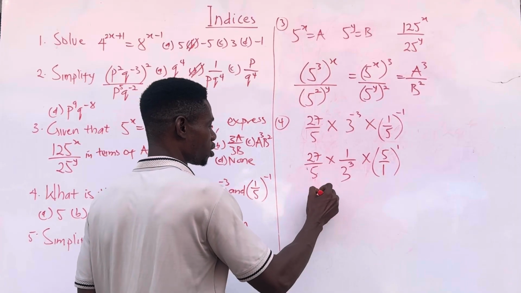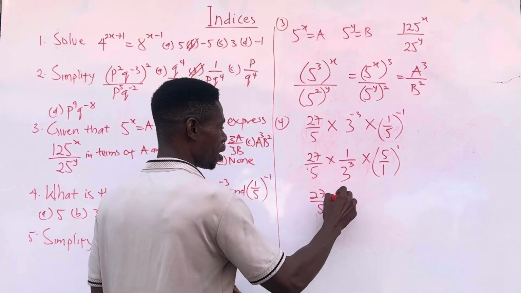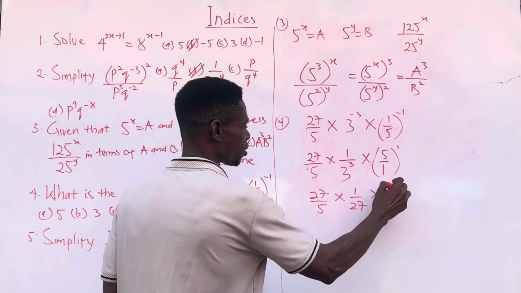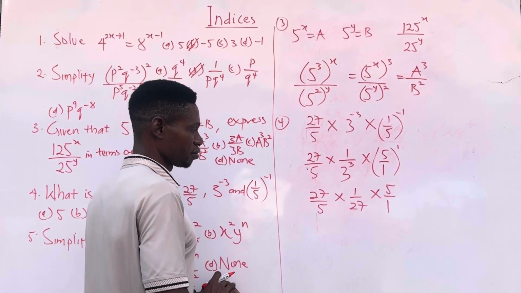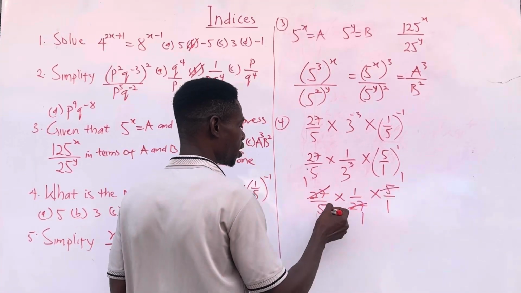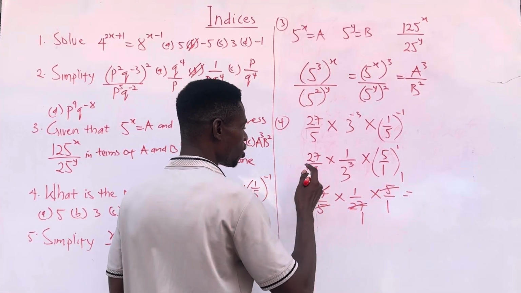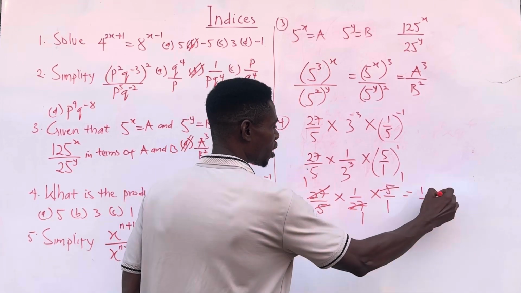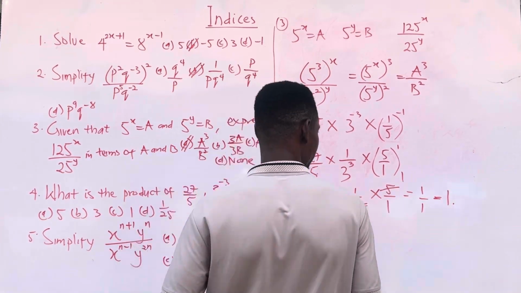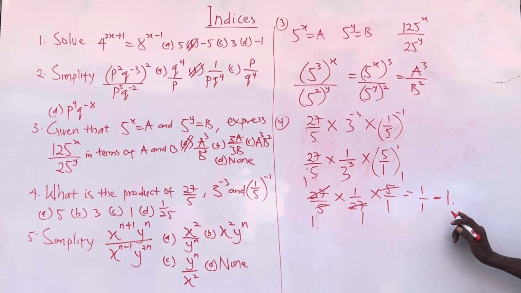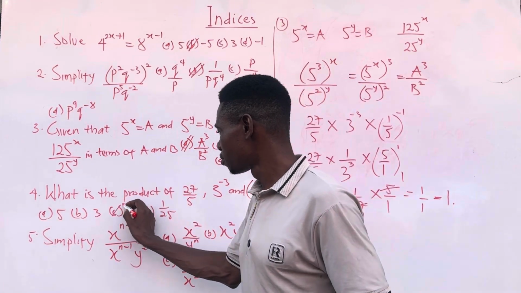So this is 27 over 5 multiplied by 1 over 27 multiplied by 5 over 1. So 27 here 1, 27 here 1, 5 here 1, 5 here 1. So we'll have 1 times 1 times 1, and our answer is 1. That will be option C.